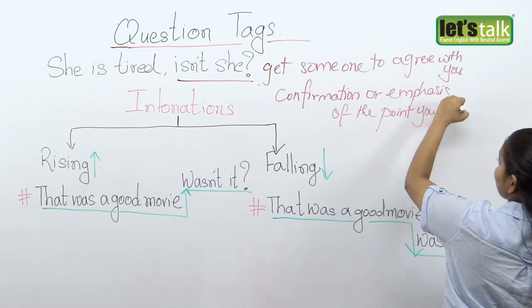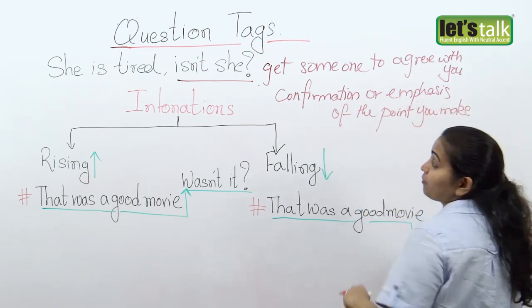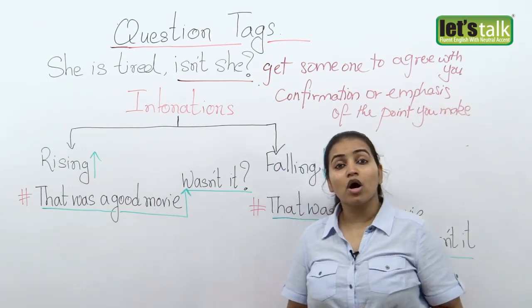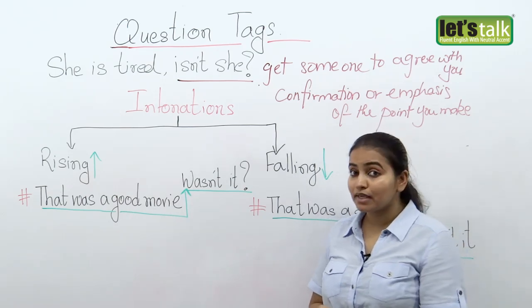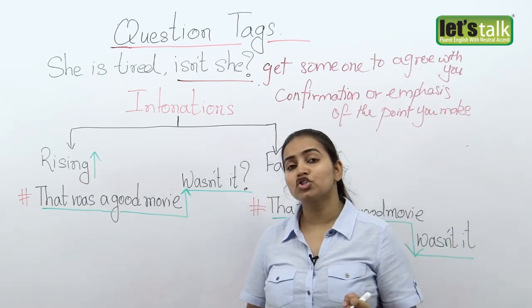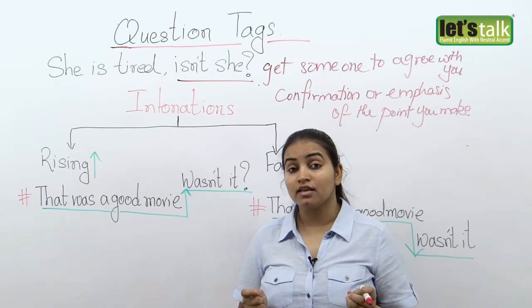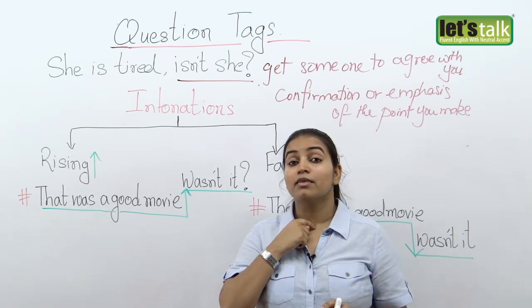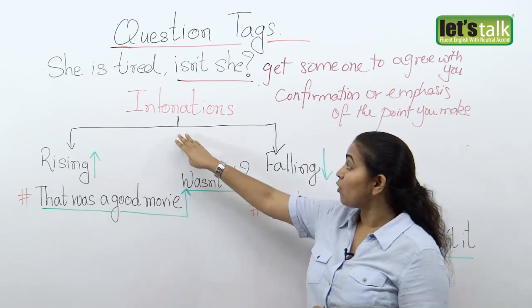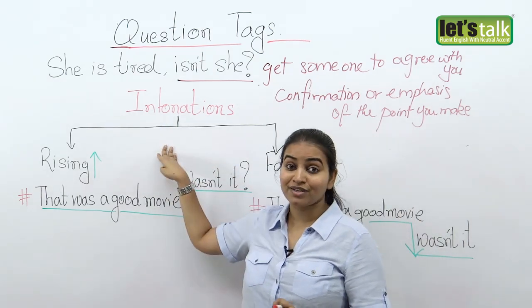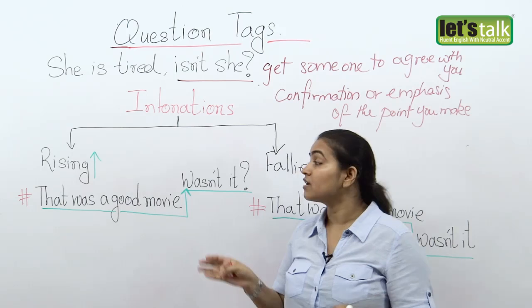And that is why we use a question tag. Now, since we use question tags, as I said, while speaking, it is very important to know the quality of my voice, the pitch of my voice, and the tone of my voice. And that is where intonation comes in.